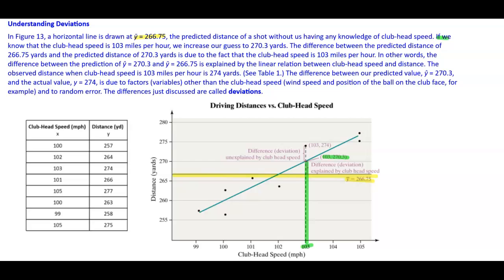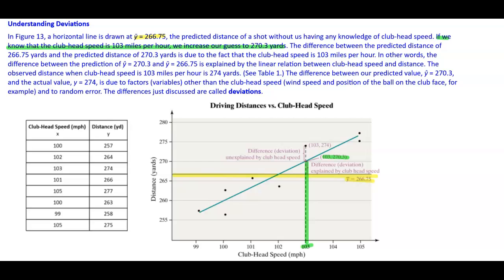Okay, so that's this situation here. Now, the difference between the predicted distance of 266.7 yards and the predicted distance of 270.3 yards is due to the fact that the club head speed is 103 miles per hour.